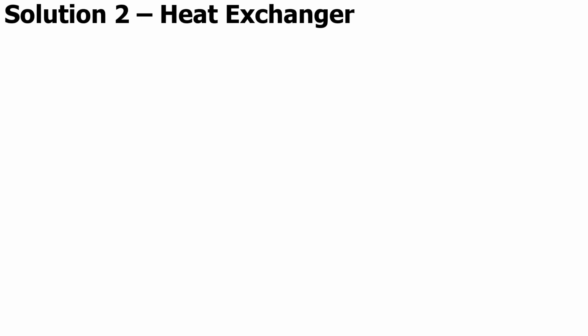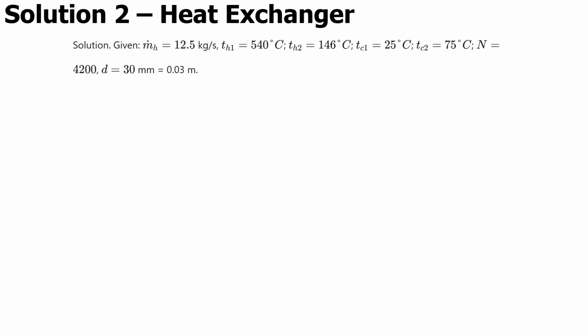Now let's begin with the solution by outlining the given parameters. The mass flow rate of the hot fluid, m_h dot, is 12.5 kilograms per second. The inlet temperature of the hot fluid, T_H1, is 540 degrees Celsius, and the outlet temperature, T_H2, is 146 degrees Celsius.